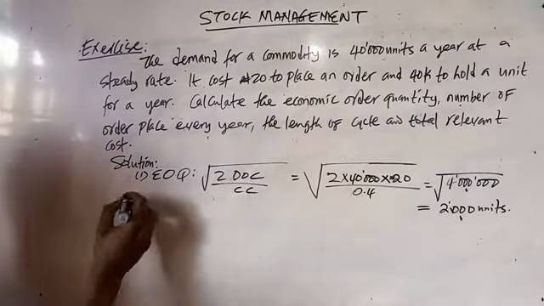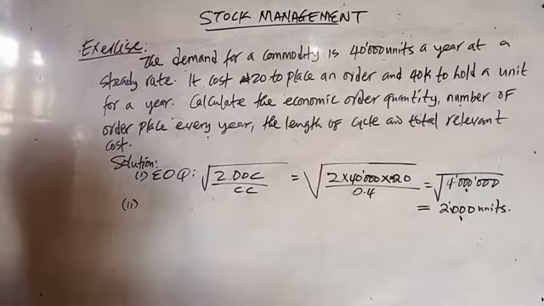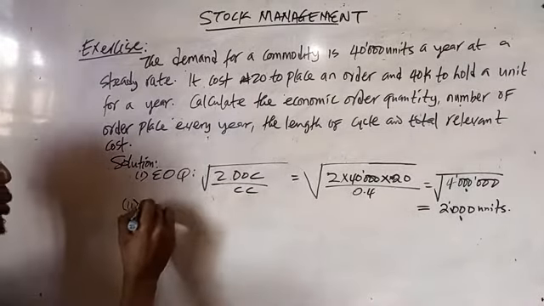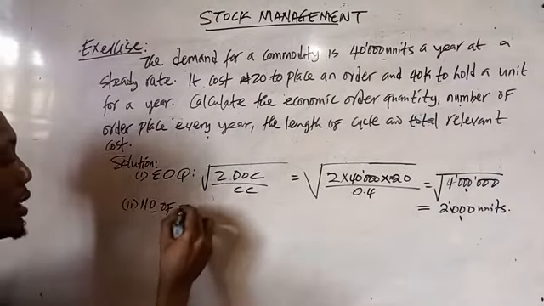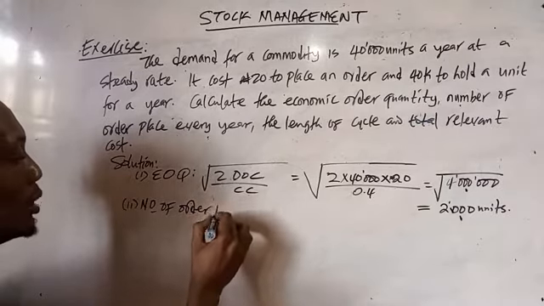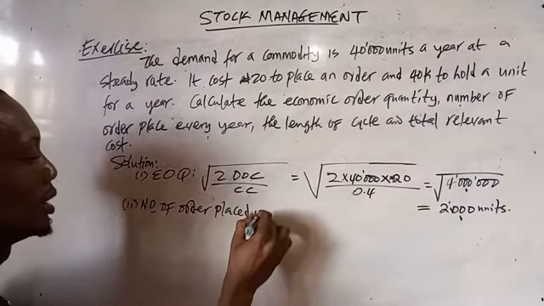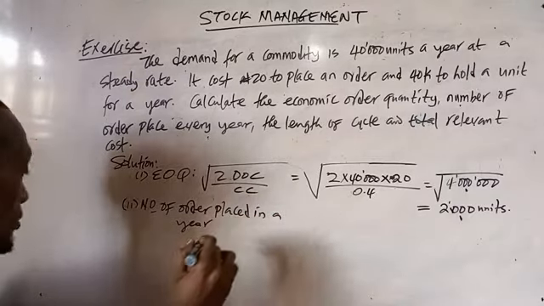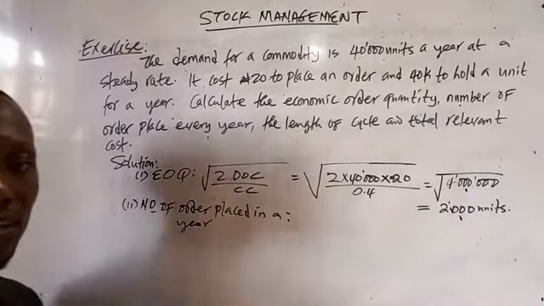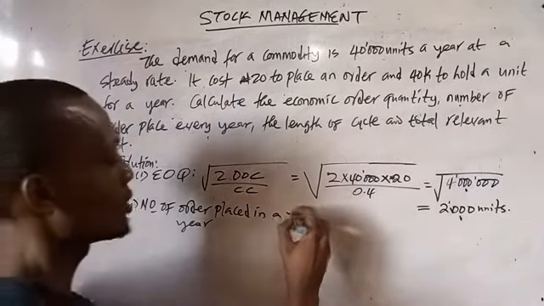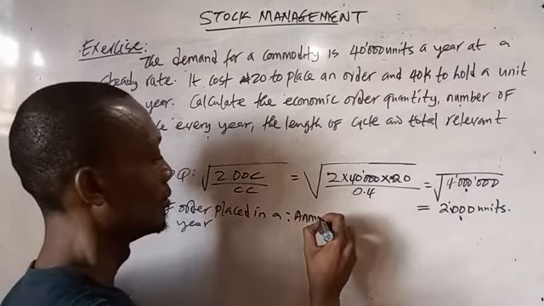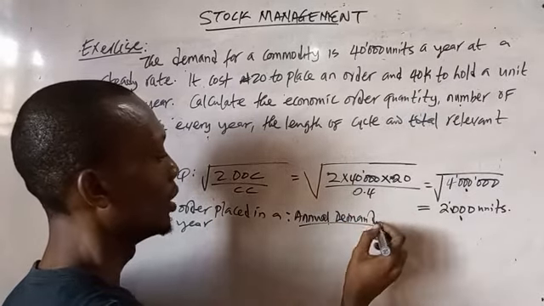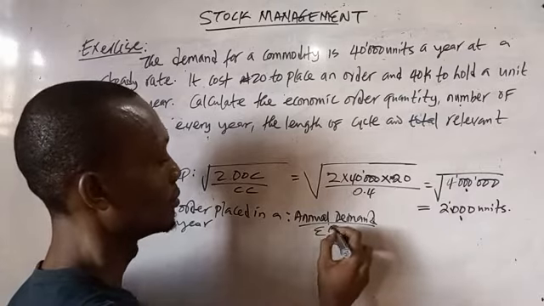Second, what are we asked to compute? We are asked to compute the number of orders placed in a year. What is the formula? Annual demand over EOQ.